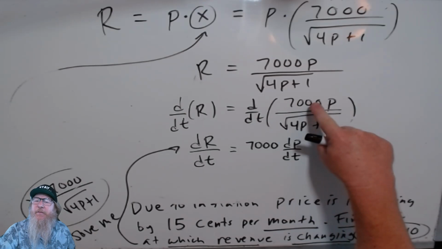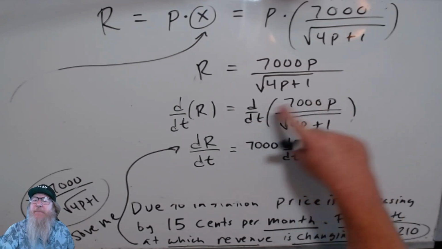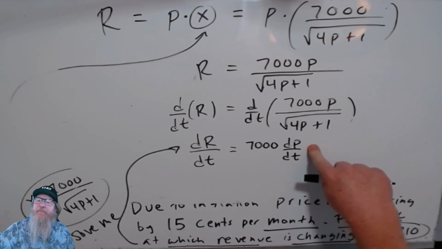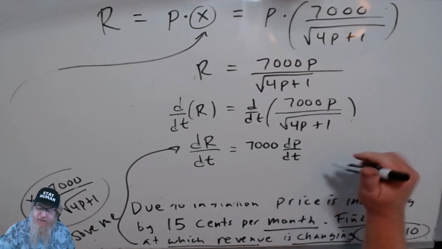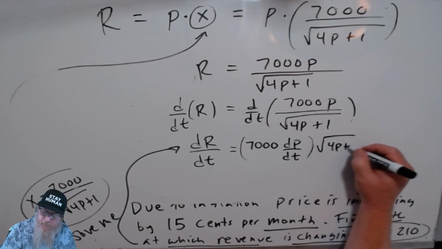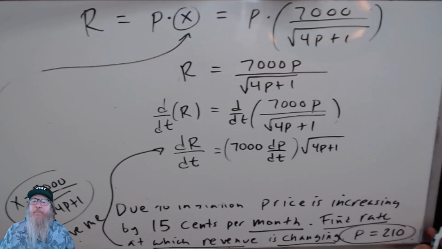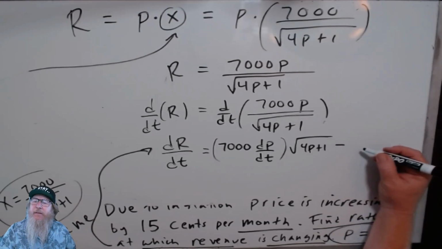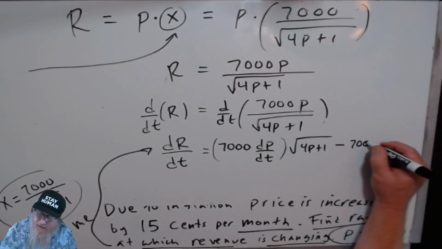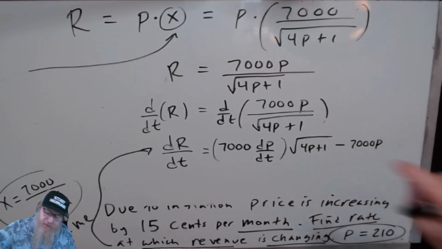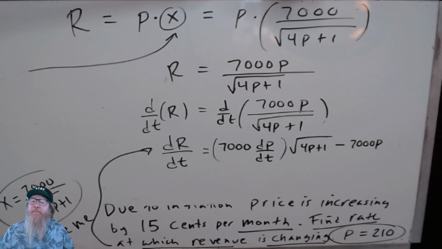The derivative of the top is 7,000 times the derivative of P, which is dp/dt, times the bottom, square root of 4p plus 1, minus the top, 7,000p, times the derivative of the bottom.